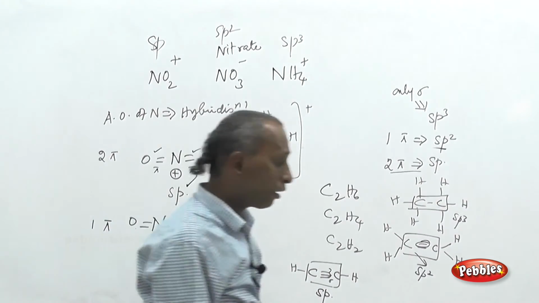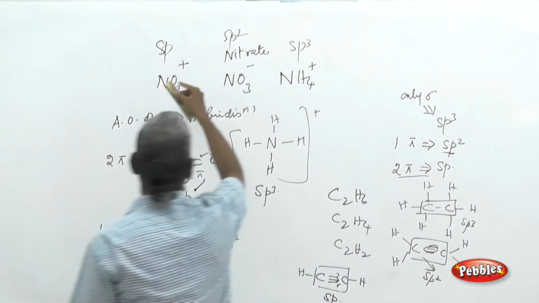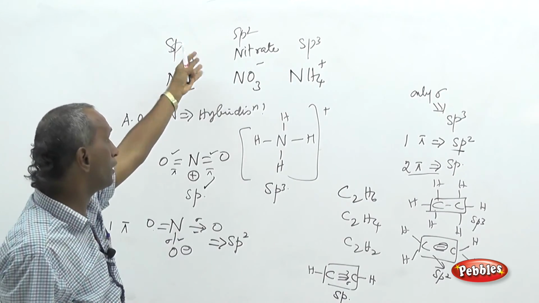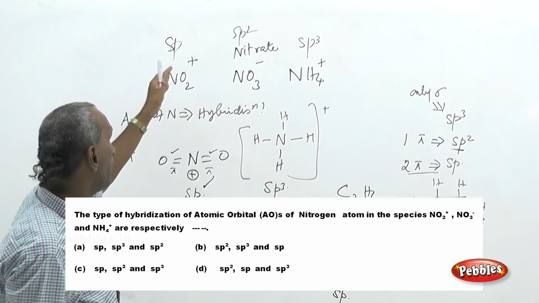So this is the correct order of hybridization. In the choices they will mix it up. There will be 4 different choices, mixed in any manner, for example first one sp2, sp3, sp, in a haphazard manner.